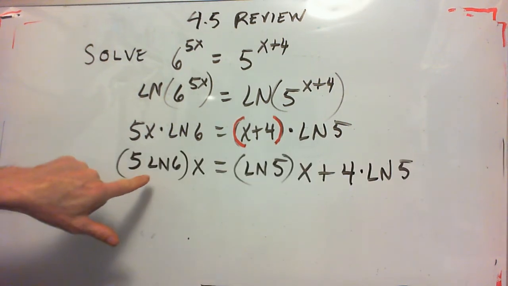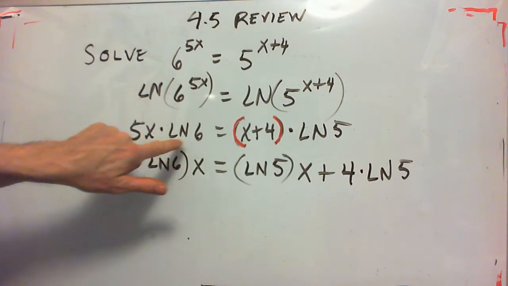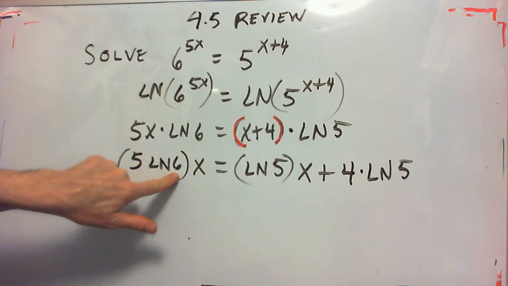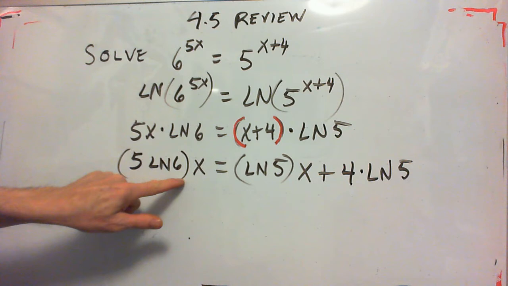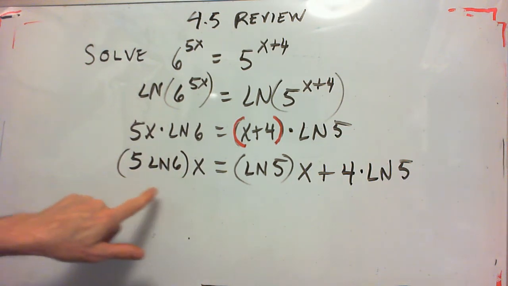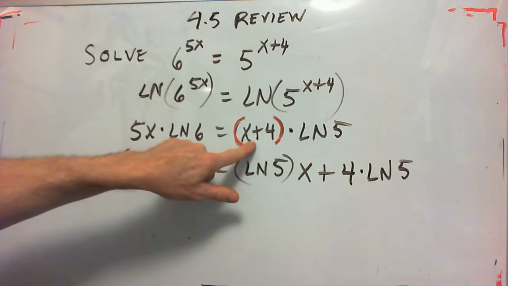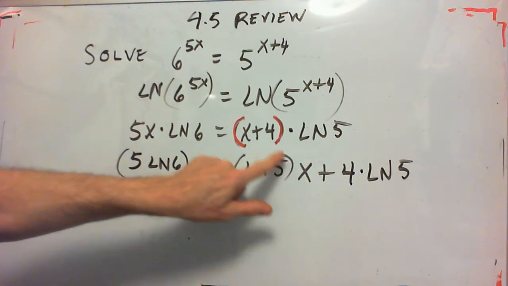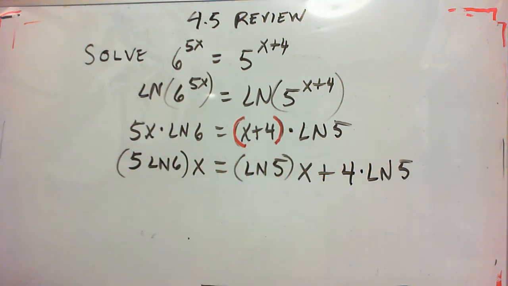The first step is, on the left, I'm going to rearrange these factors. I'm going to put the 5 times ln of 6 times x. That's the coefficient on x. On the right side, I'm going to distribute, x times ln of 5, which I've written ln of 5 times x, plus 4 times ln of 5.